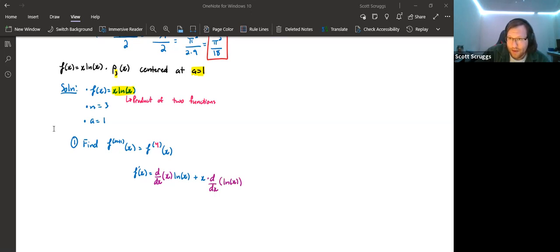Derivative of x will be 1, so I have natural log of x. Derivative of natural log will be 1 over x. The x's will cancel, leaving me with 1, giving me natural log of x plus 1.